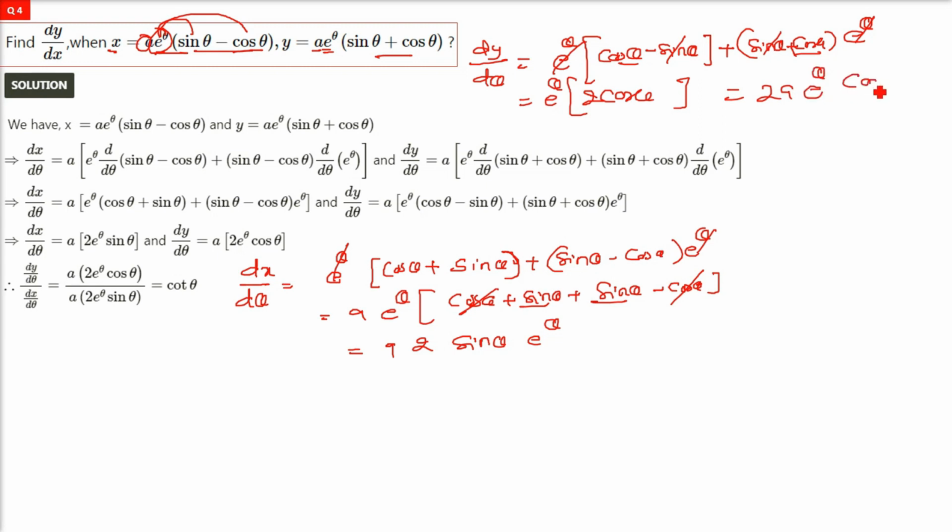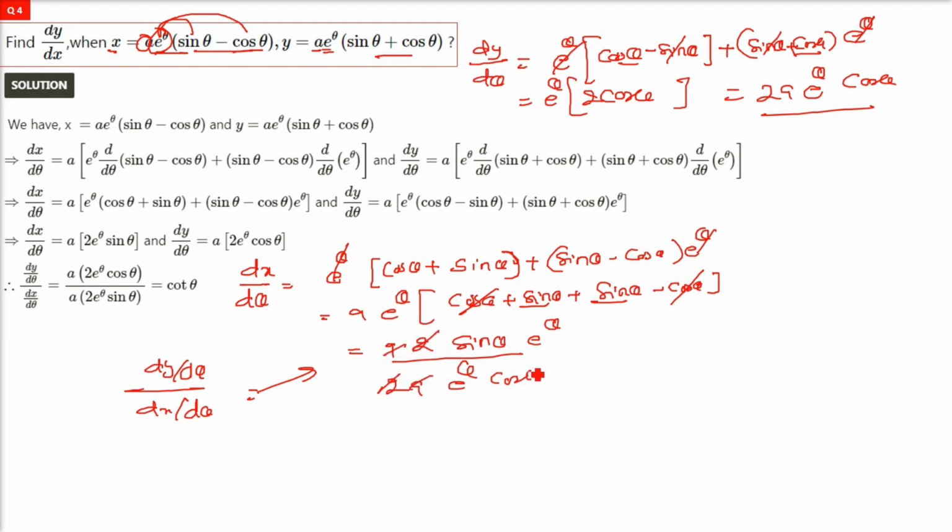Now you see, when you divide this, because ultimately we have to divide dy by d theta divided by dx by d theta, that we have to do. So it will be 2a e to the power theta cos theta divided by 2a e to the power theta sin theta. So this is the thing which I am not doing correctly, so I'll just change it because it has to come as cot theta.